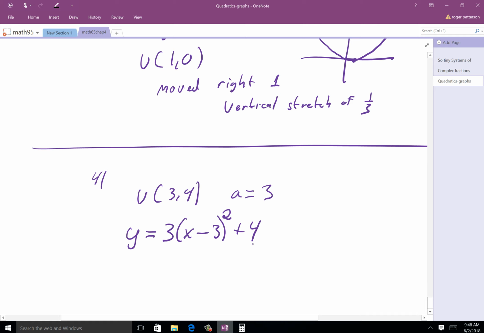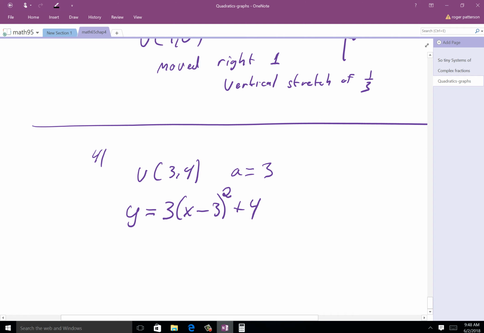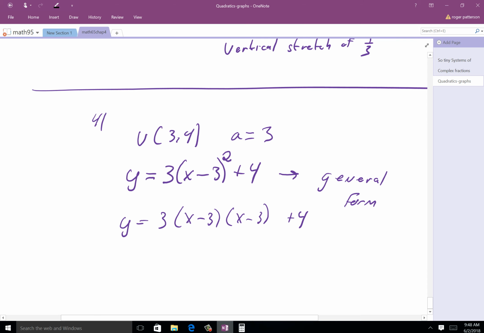I satisfied that part. Now they want me to write it into general form, which is the exact thing that we were just doing in the beginning of this session, after you came back from break. Okay, so remember what we want to do. Write this twice. And then FOIL.